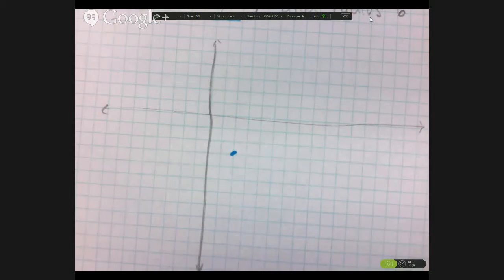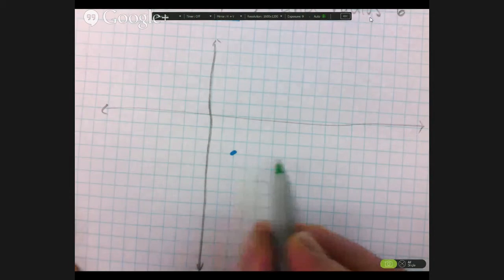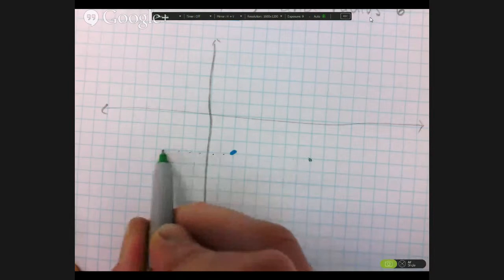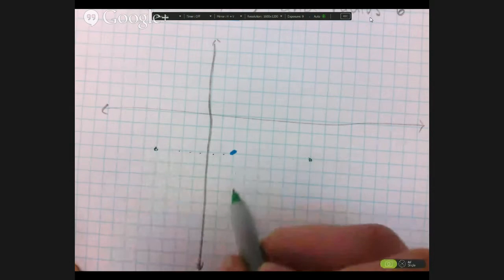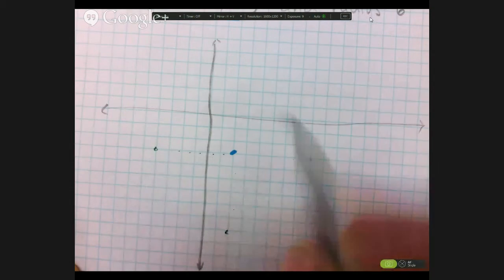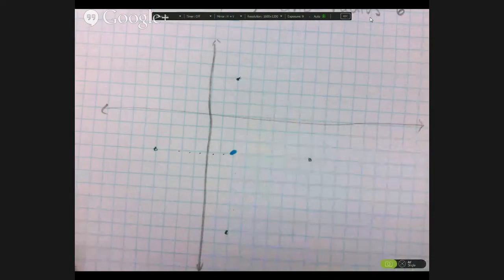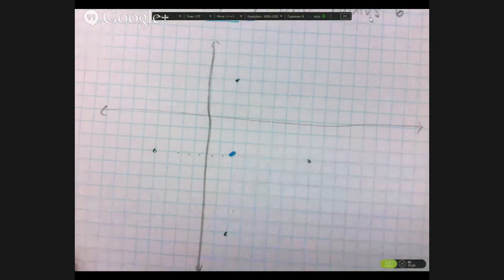Here's how I like to graph circles. The radius is 6, so go out 6 spaces each way from the center. So 1, 2, 3, 4, 5, 6. All right, so there's your reference.